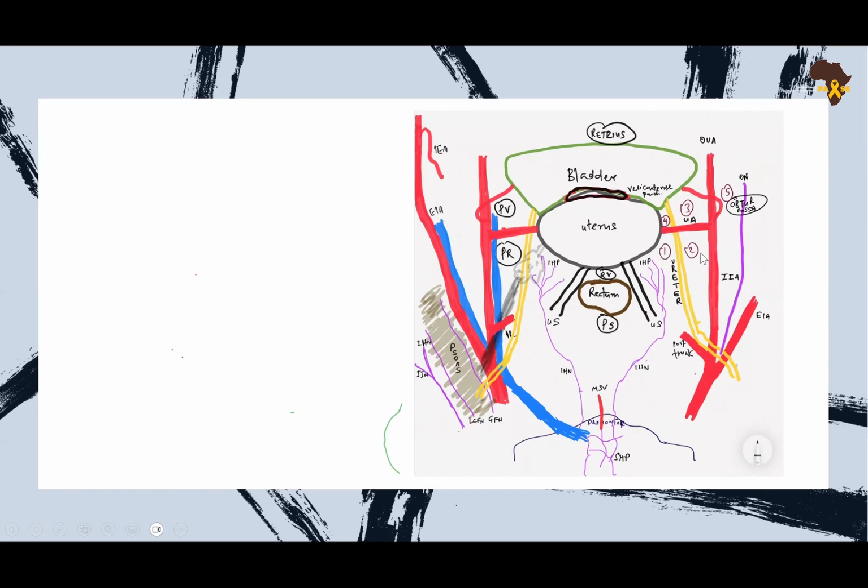You can see these areas are divided. The pararectal is divided into these two by the ureter, and the paravesical is divided into these two, lateral and medial, by this obliterated umbilical artery. And this is the fourth space of Yabuki, which is medial to the ureter as it enters the bladder.